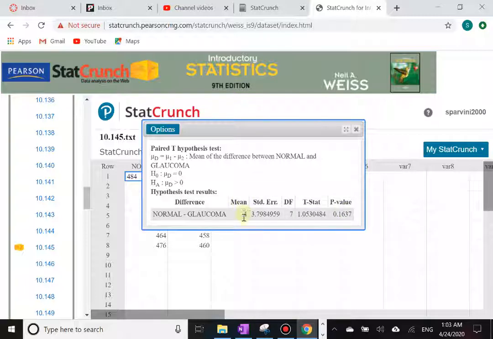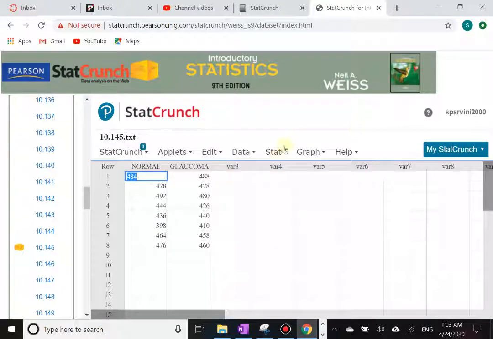That means on the average, the corneal thickness in the normal eye is about 4 microns thicker or larger than the eye with glaucoma. But that 4 micron is not statistically significant in light of the standard deviation. Okay. So this was the hypothesis test.